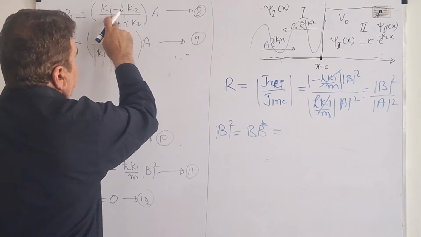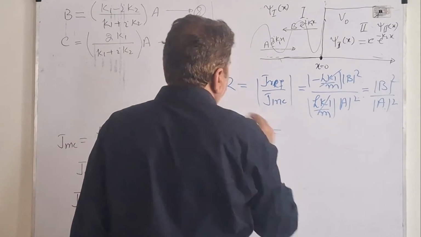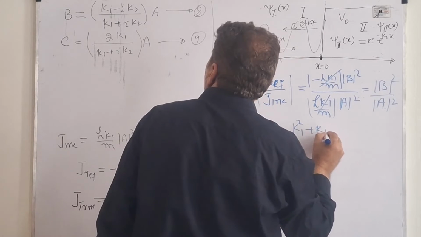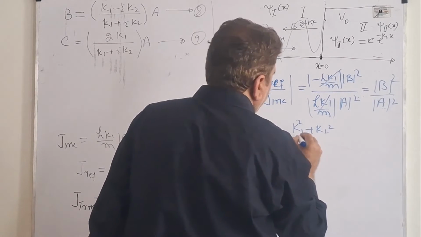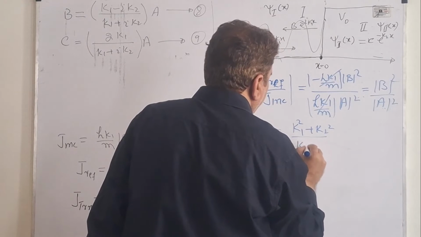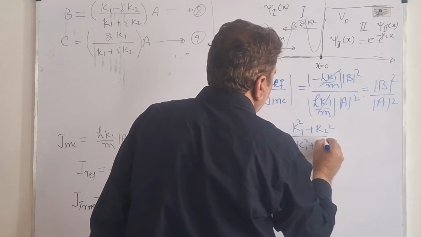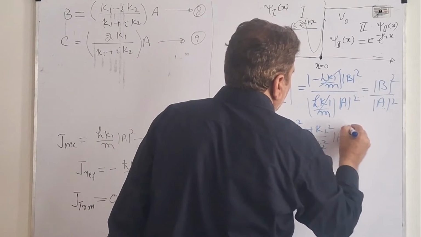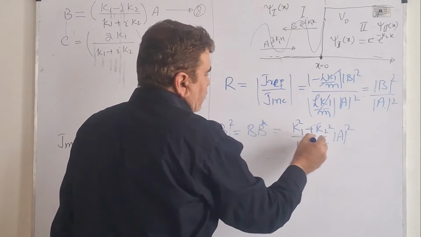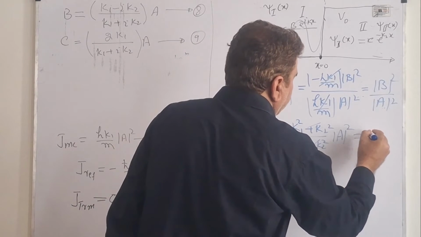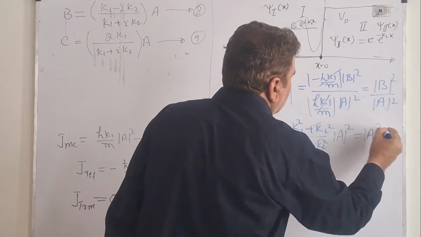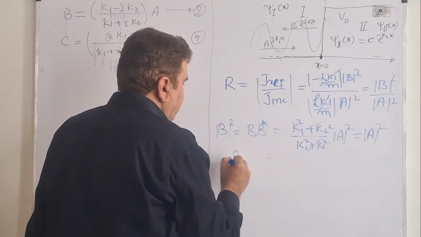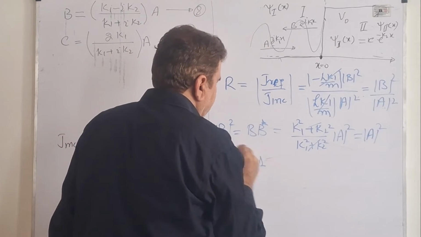So using the properties of complex conjugate, the numerator I can directly write as K1 squared plus K2 squared, and then the denominator would become K1 squared plus K2 squared, and the modulus of S mod squared. This cancels with this, so mod B squared is in fact equal to mod A squared. And if I put this value at this position, that gives me the reflection coefficient is 1.